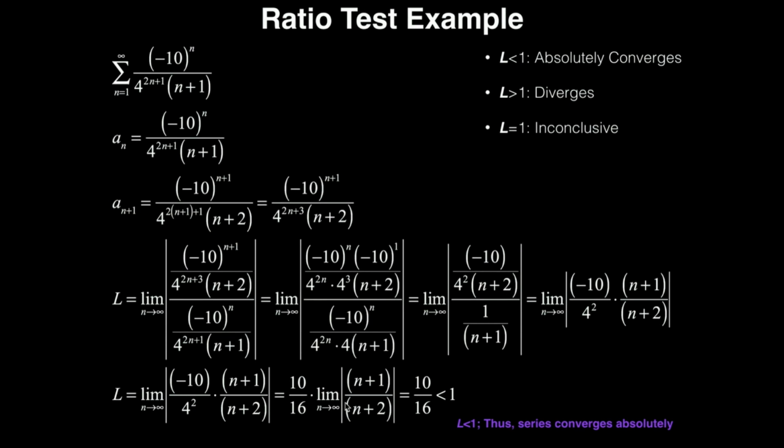So, therefore, this whole limit is just 1, and so the overall limit L is just 10 over 16. All right. Now, 10 over 16 is less than 1, right? So my limit is less than 1. So, by the ratio test, this original series is absolutely convergent, or it converges absolutely. You can put it either way. All right? So that's one example of the ratio test.